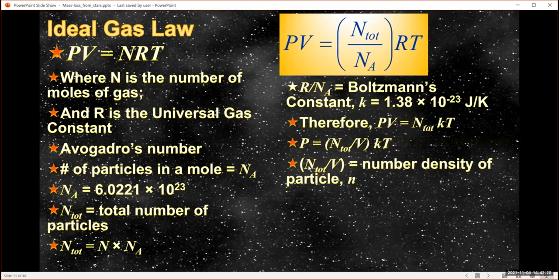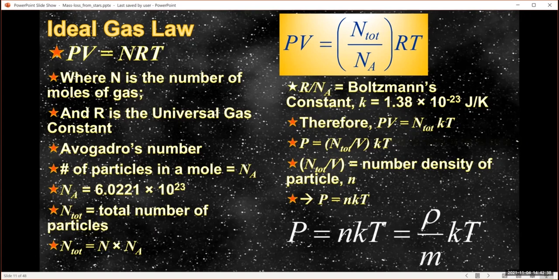It's the total number of particles divided by the total volume. So we have a number density of particles, lowercase n. And so now we have that the pressure equals nkT. That's the number density of particles, the Boltzmann constant, and the temperature. And we can actually take this one step further and convert the number density of particles to the mass density of particles, where we're putting in the mass of the particles and the mass density.